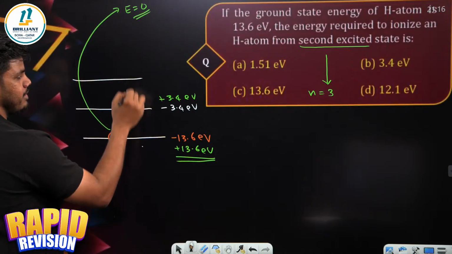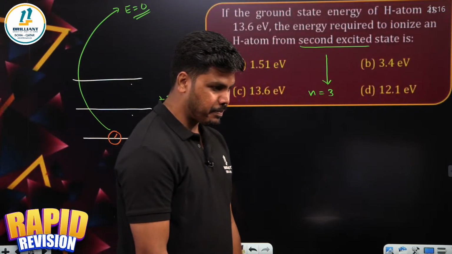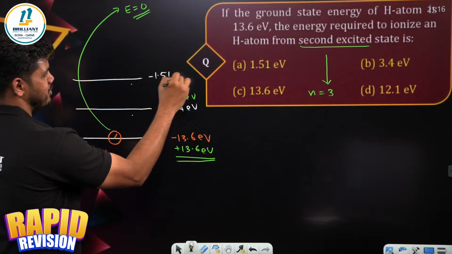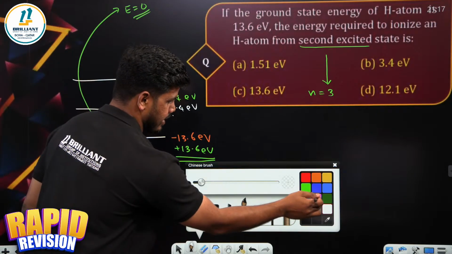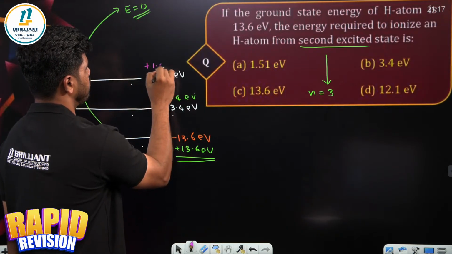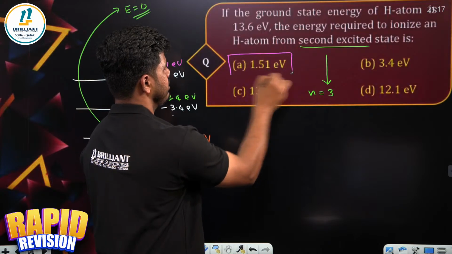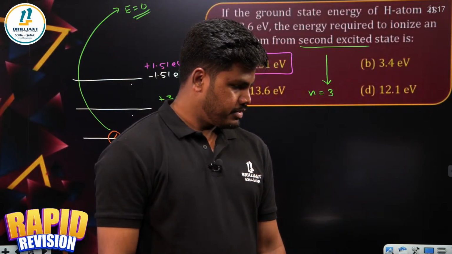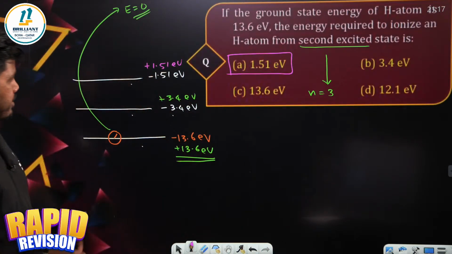First, second, third: minus 13.6, minus 3.4, and the last one is minus 1.51 electron volt, right? So if you want to ionize this atom, you have to supply plus 1.51 electron volt. So option A. See the advantage of remembering the values. Many of you already identified it. Option A is the correct answer.